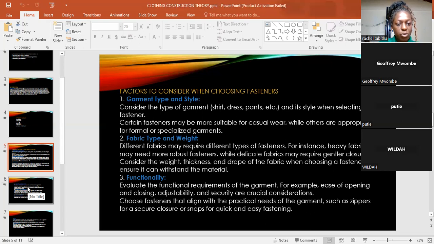Yes, madam. Good. Can you tell me any other factor you consider when using fasteners, or when placing fasteners on a garment?